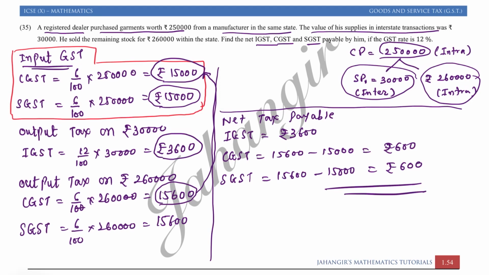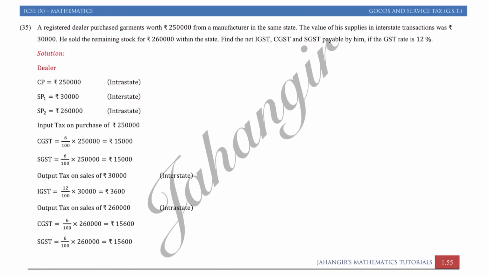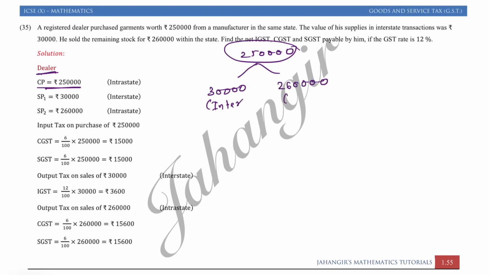So just have a look at this. The dealer who had bought an article for rupees 2,50,000 has sold it in such a way that 30,000 he sold out of the state, that is inter, and 2,60,000 he sold within the state, that is intra.